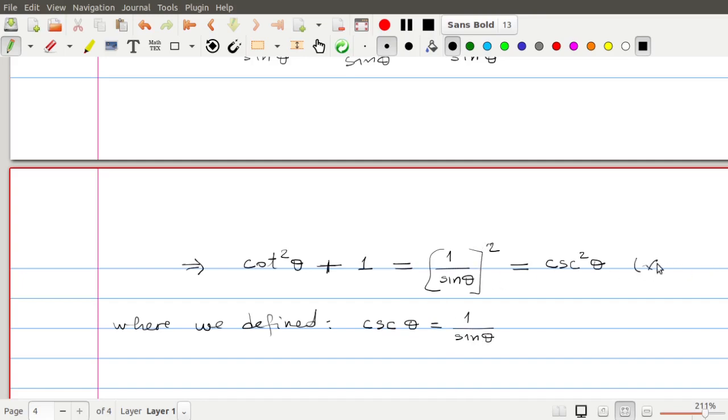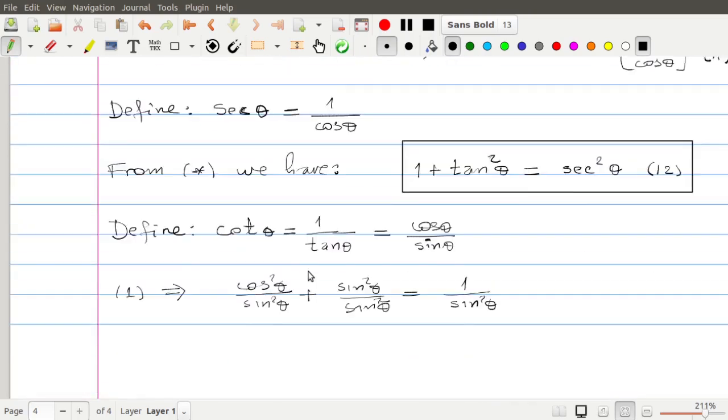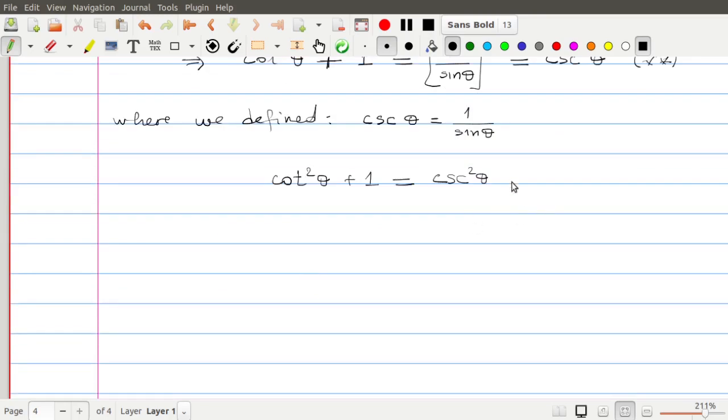So actually, double star, we can simply write as cotangent squared theta plus 1 equal to cosec squared theta, and this is equation 13, which we can also box.